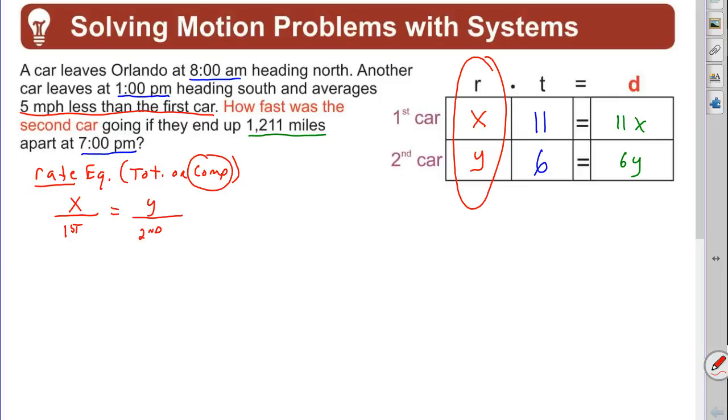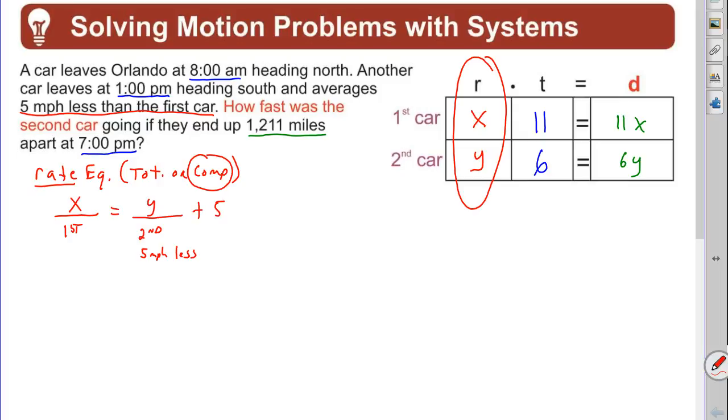Now here's the other thing. I have to deal with the comparison factor to make it an equation that's equal. It said that this is going 5 miles per hour less. So how do I make them equal? I've got to add 5 to this side.